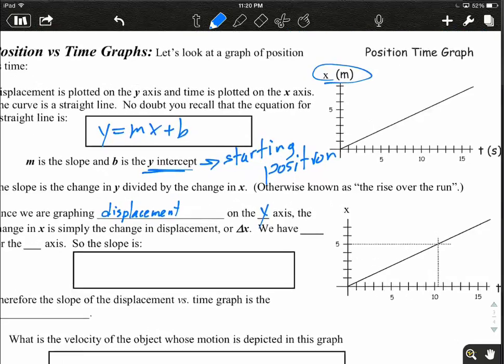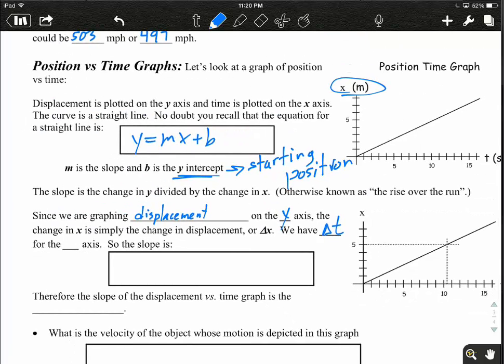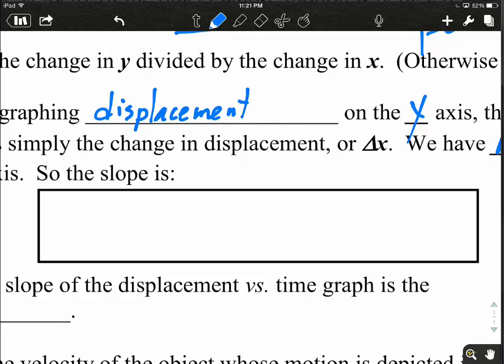We have delta t on the x-axis, and so if the slope is the rise, or change in y over the change in x, we can say, well, what is the change in position over the change in t?